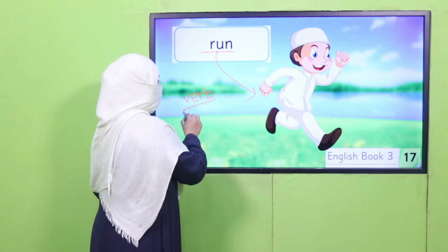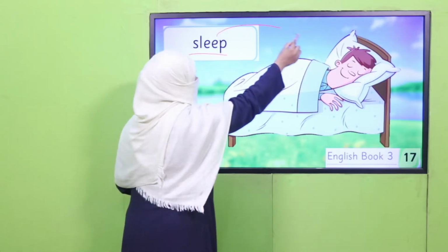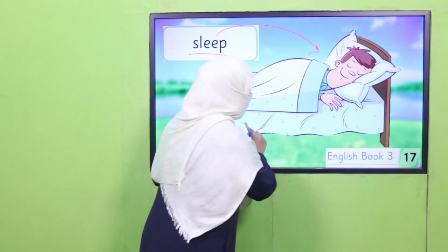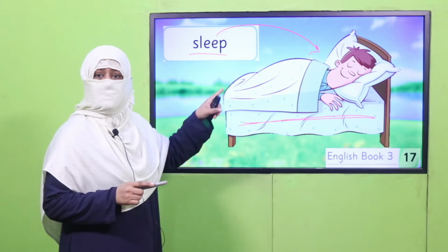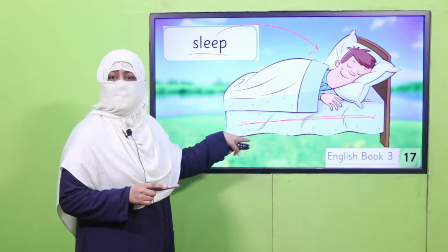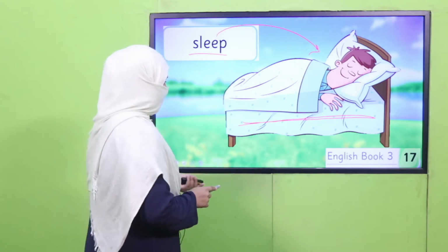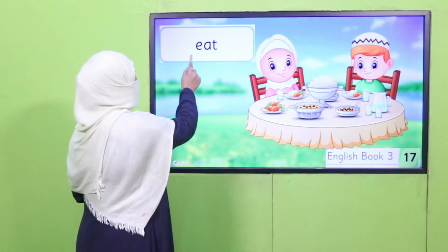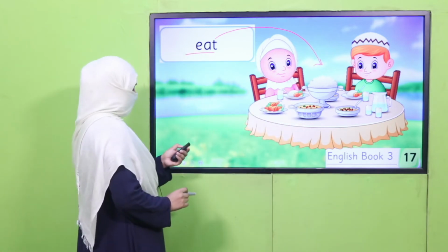Run is verb. Sleep. Sleep is verb. Now apparently if I ask you what is he doing? He's doing nothing. But sleep is telling his state. What he's doing? He's sleeping. All right. Eat. Eat is verb.